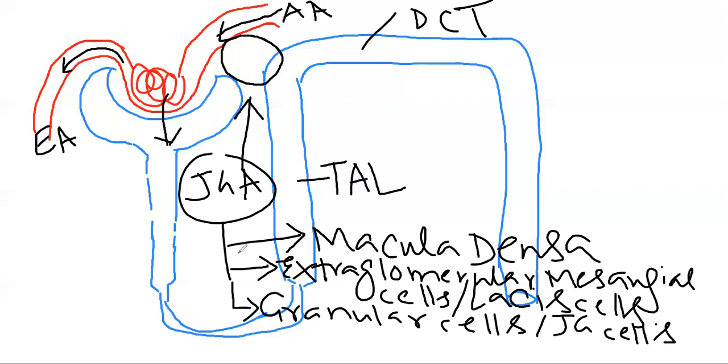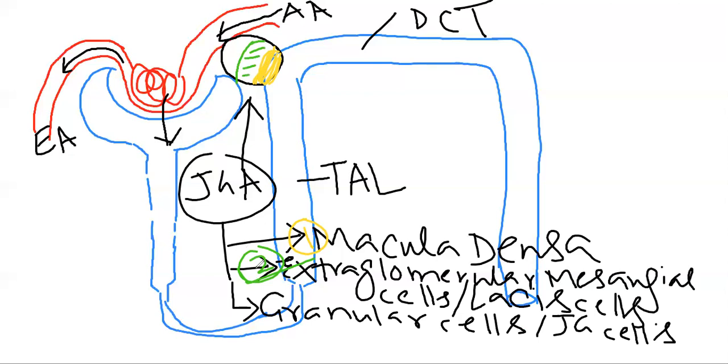Again, one is the macula densa. Suppose here it is the macula densa, the cells of macula densa. Second one is the extraglomerular mesangial cell. So somewhere in this zone it is present.